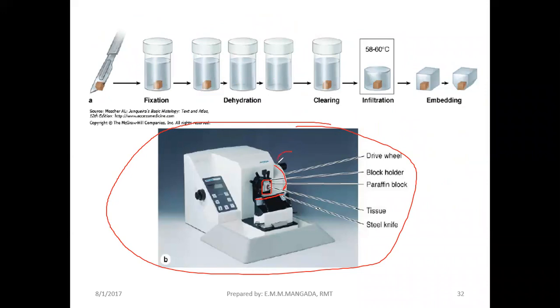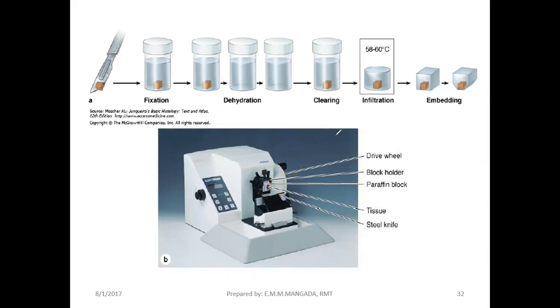Pag inikot-ikot mo to, bababa, tataas itong tissue block. At kakaskas siya doon sa ating knife. Kakaskasin ng knife natin. And magpo-produce tayo ngayon ng tissue ribbon. Yan, may mga impression siya nung tissue. So that's your cutting. Again, the most commonly used type of microtome is our rotary microtome, or also known as our minute microtome.